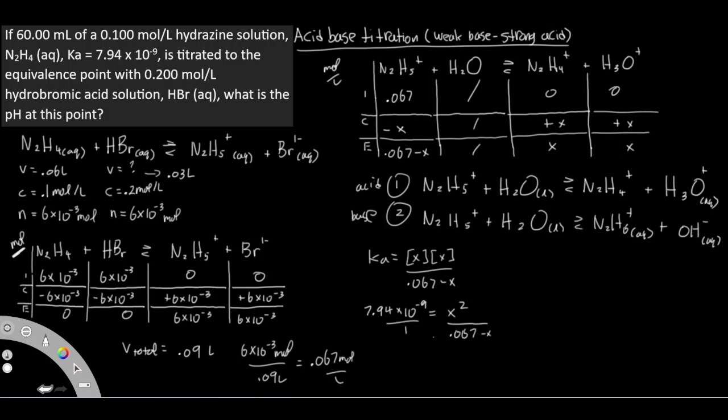So it's going to be equal to x squared all over 0.067 minus x. Of course you can either cross multiply, or what's even easier, you just multiply this side over here, to isolate for x squared, by our 0.067 minus x, so that these cancel out. If you do it on the right side, you've got to do it on the left side. So what do you end up getting for our x squared? 0.067 minus x times our 7.94 times 10 to the negative 9.